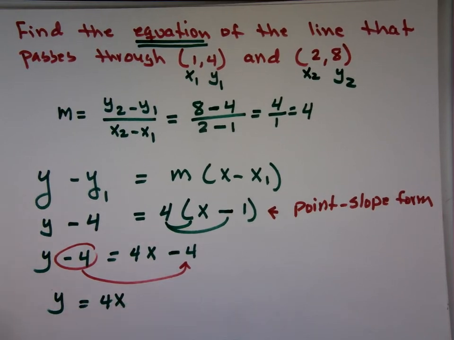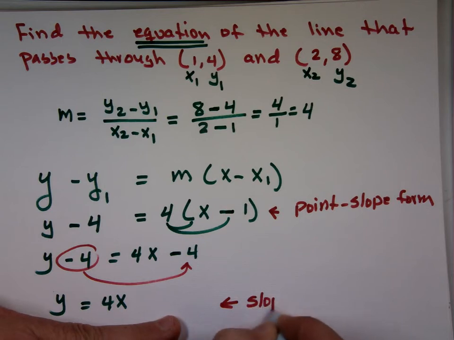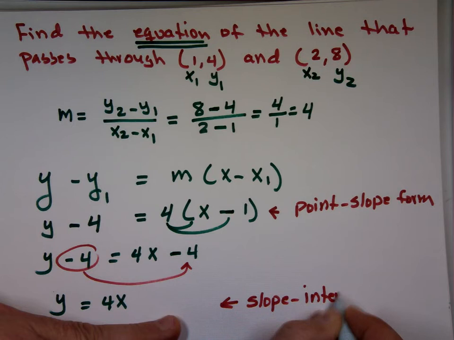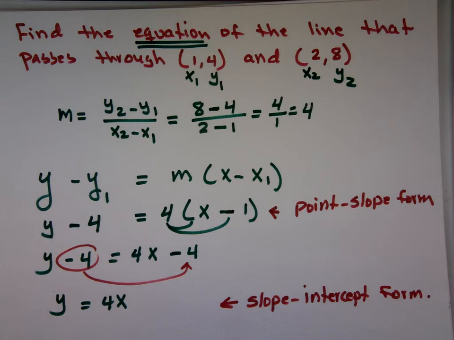You're not going to write plus 0. There's no need to write it. So this is really the slope intercept form.